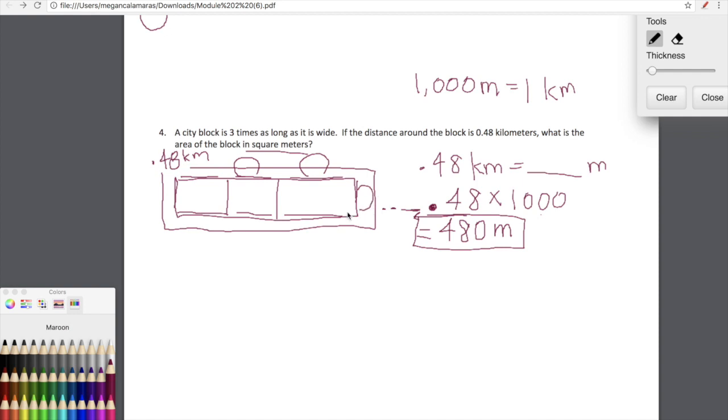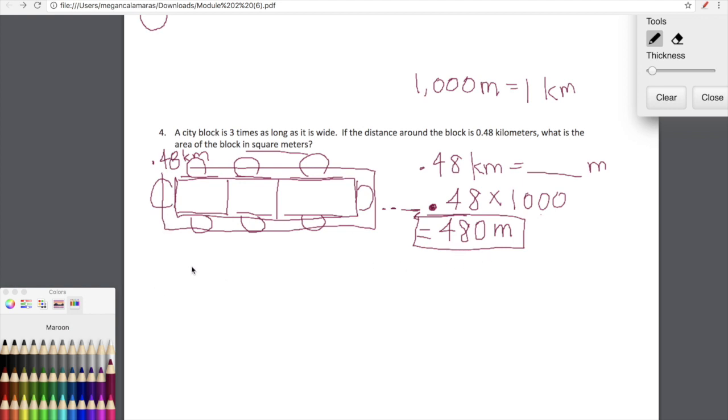We're looking for the distance of each unit that makes up our city block. The problem tells us that if we walk around the entire perimeter of the block, we walk 480 meters.